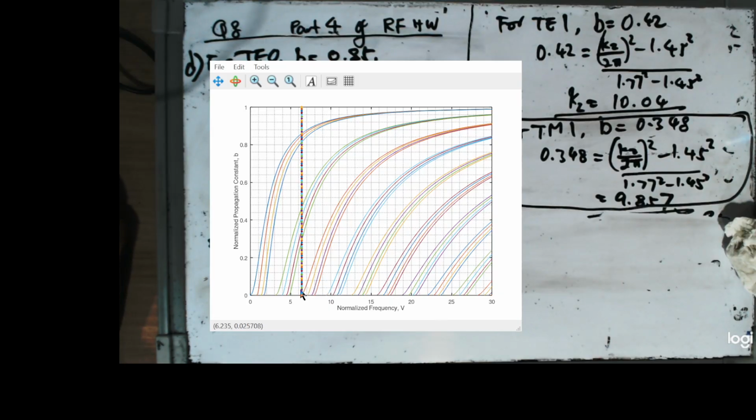If you move the vertical line, this one, the dark red one, represents TM1.